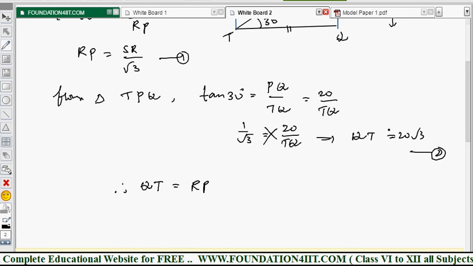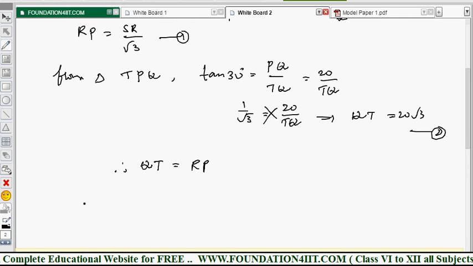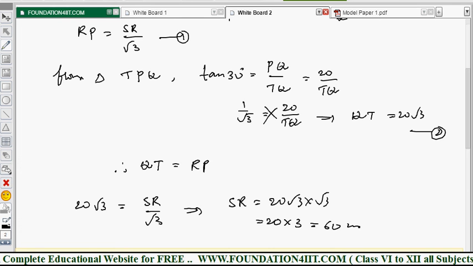Second, you can equate both equations. Therefore, 20 root 3 is equal to SR by root 3. So from this, SR is equal to 20 root 3 into root 3. So 20 into root 3 into root 3 is 60 meters. So SR is 60 meters.